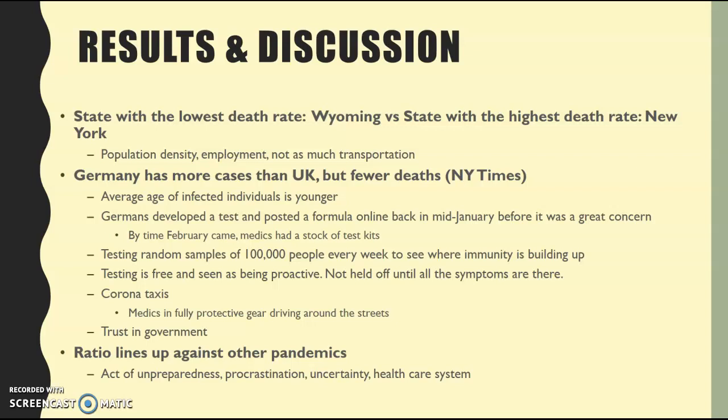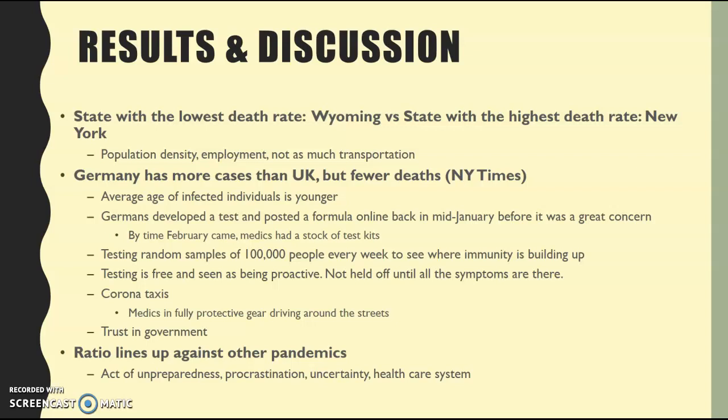And then noting why Germany had more cases than the UK but fewer deaths. So I took all of this from the New York Times, and there are studies going on as to Germany's practices and why this is happening. And they've noted that the average age of infected individuals is younger.